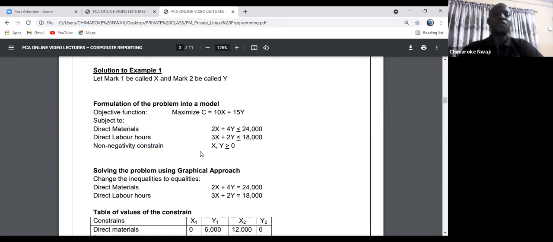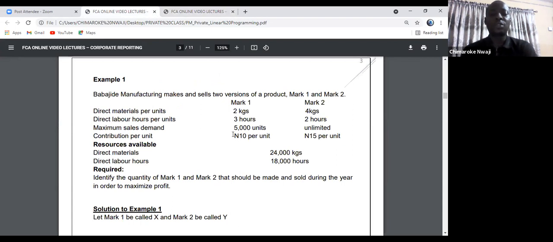Then we are formulating the problem and making it a model. So the next thing after identifying your variables is to create your objective function. So what will be your objective function? Your objective function is to maximize contribution. And what was our contribution here? Our contribution for Mark 1 is 10 naira.